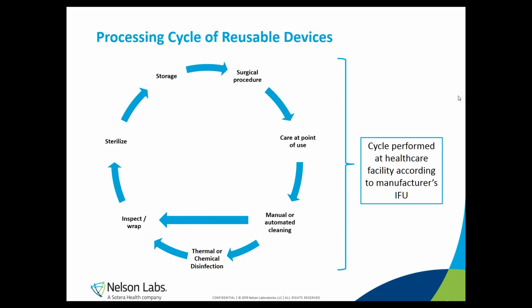So, care at the point of use can improve the efficacy and effectiveness of cleaning. This is then followed by a proper cleaning procedure. This cleaning procedure may involve manual or automated cleaning steps and is performed as a precursor to a prescribed terminal disinfection or sterilization process.